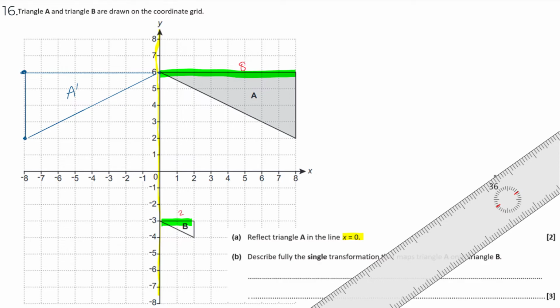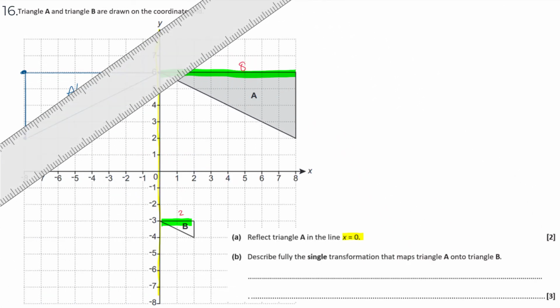That's only 2. Okay, so it's gone from 8 units to 2 units. In other words, it's a quarter of the size it used to be. You could do that with any other sides as well, so it would give you the same fraction. Okay, so if I'm going to describe this, I'm going to say it's an enlargement with scale factor of 1/4.